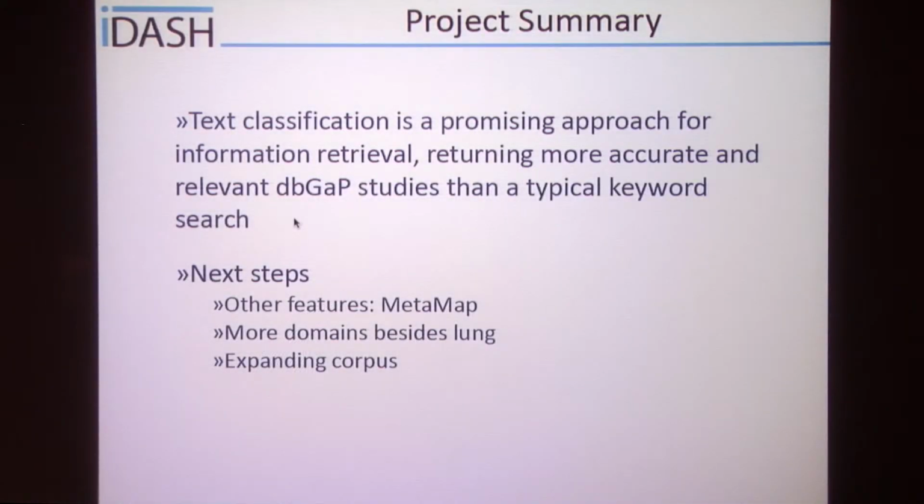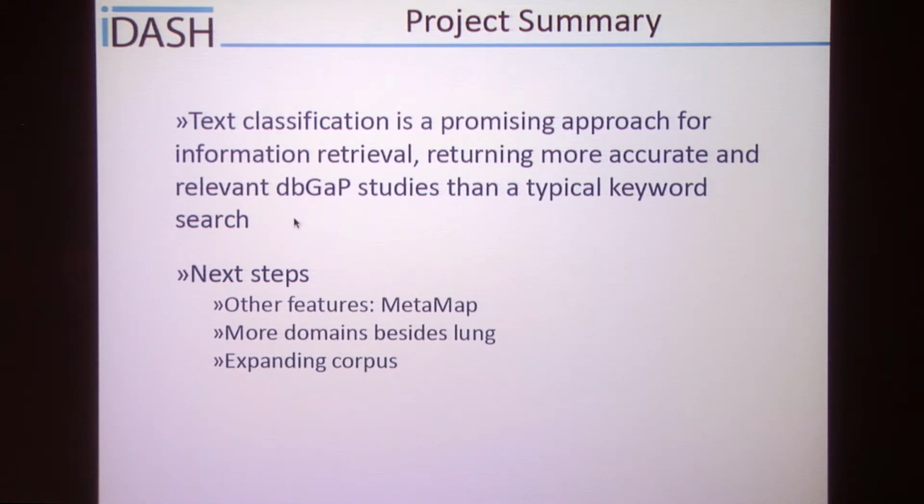In the next few weeks, I will continue to work on this classifier, optimizing it by finding the best combination of features to use for a classifier, as well as the optimal number of features using chi-squared feature selection. And again, we're looking for the classifier that performs the best with respect to accuracy and F-measure. We'd also have thought about adding some features such as MetaMap, which will map biomedical text to UMLS terms, and we'll move beyond lung into the other domains that I mentioned earlier of heart, blood, and sleep, and some more specific ones such as diabetes or lung cancer.